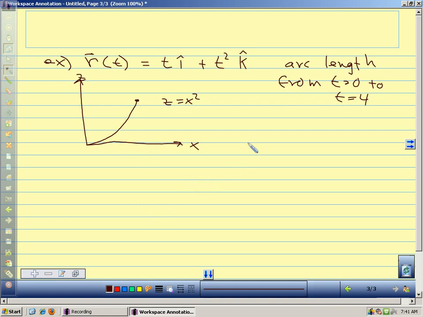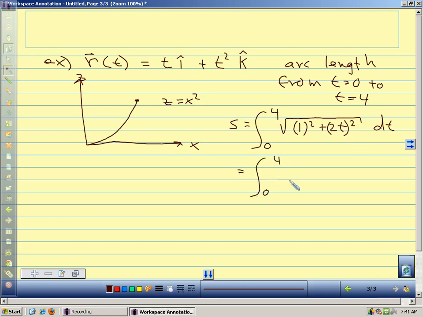So our arc length is going to be the integral from 0 to 4 of the magnitude of r prime. So we're going to get the square root of 1 squared plus 2t squared dt.